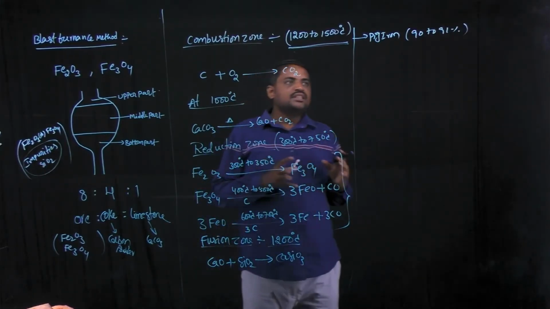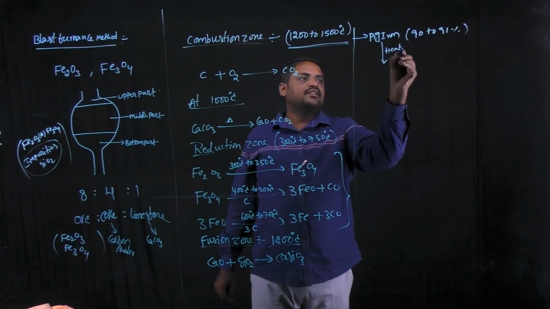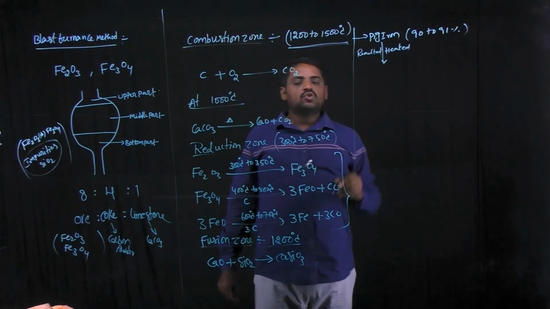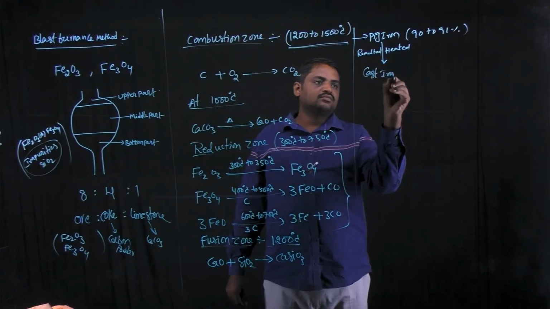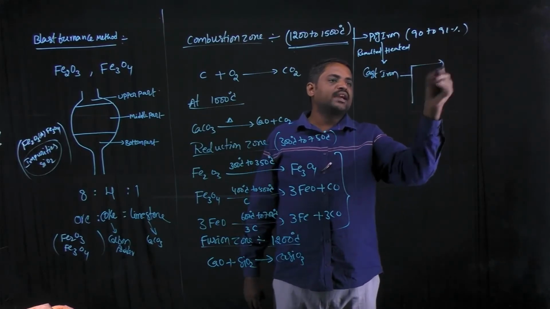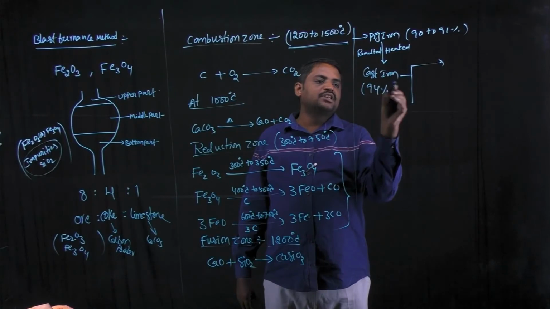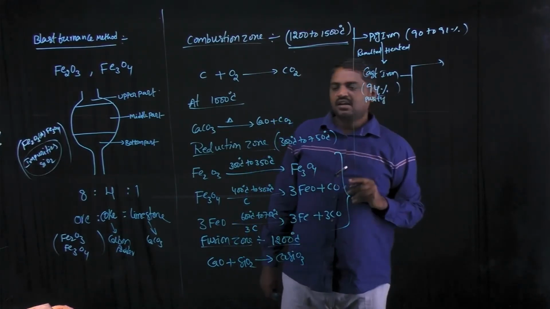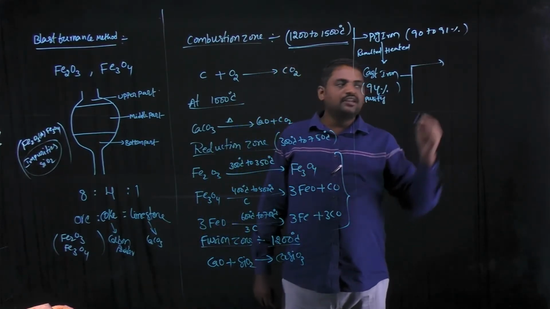Okay. So this iron is heated, means remelted, to produce cast iron. This cast iron purity is only 94%. This cast iron is subdivided into two categories.